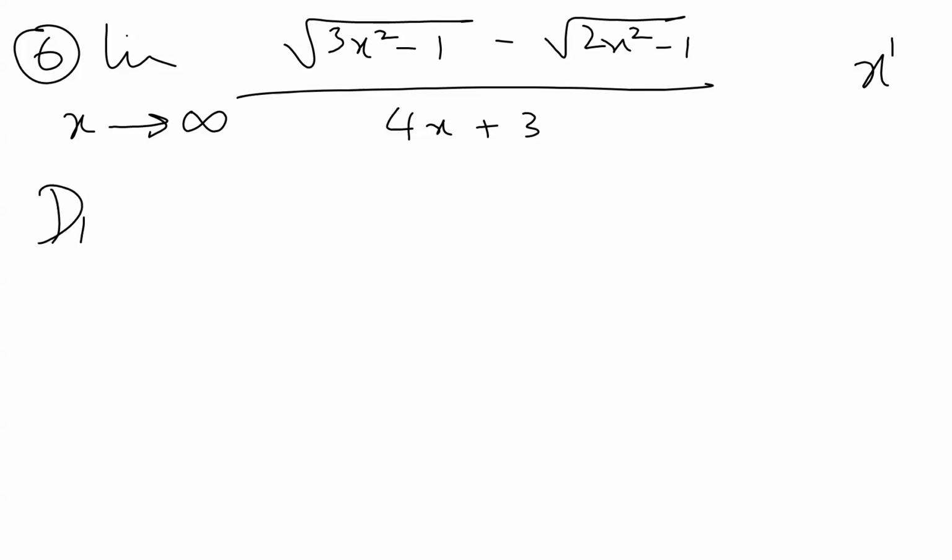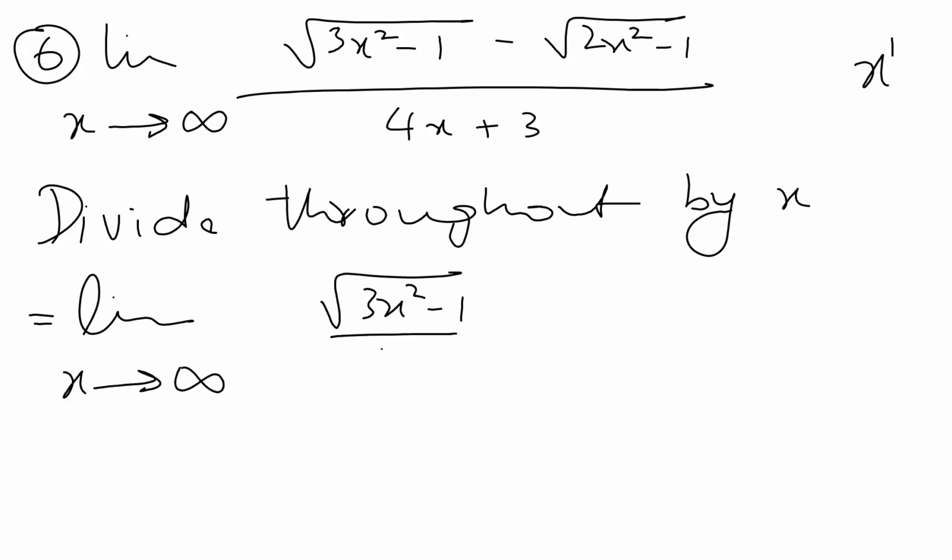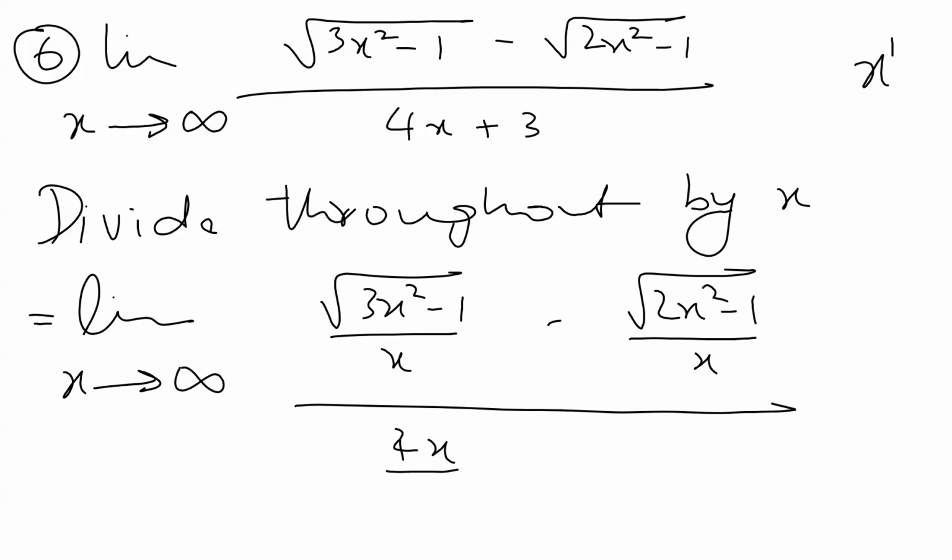So divide throughout by x, that is x raised to 1. Every term will have x beneath it. So here there will be cancellation.